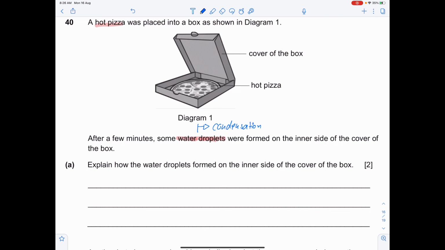So your answer will look like, okay, Q. Alright, so why?